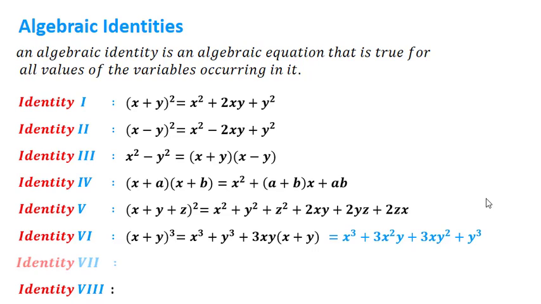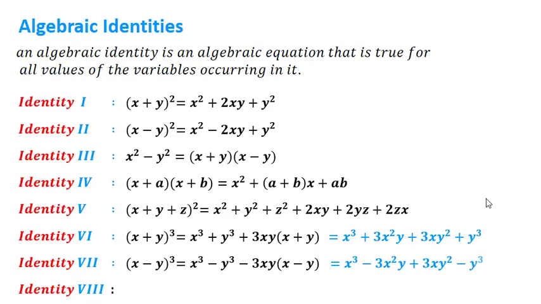Next identity is (x minus y) the whole cube is equal to x cube minus y cube minus 3xy into (x minus y). If we expand, we will get x cube minus 3x square y plus 3xy square minus y cube.